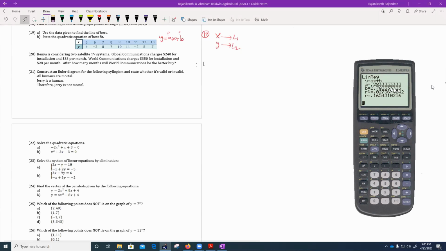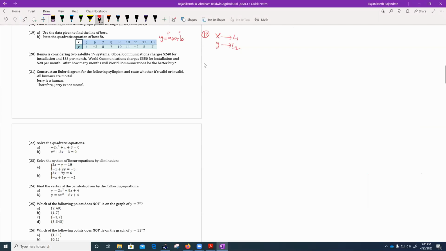I got my a value as 0.283 and my b value as 2.78. Plugging these two values into your model formula, you get the best fitting line, 0.283x plus 2.78. Simply plug the a and b values into your formula.